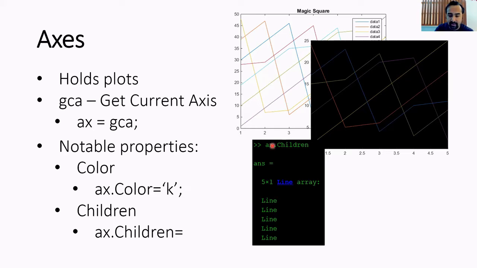So you can see here, ax.children is returning a 5x1 line array, showing you each of the different lines from this axis, which would be from the magic 5 that we plotted earlier. And similarly, you can do ax.color and make it black for k, and then now the background is black. So bare bones, that's how you access each. If you want to change something about the figure, you use GCF. If you want to change something about the axis, you can use GCA.